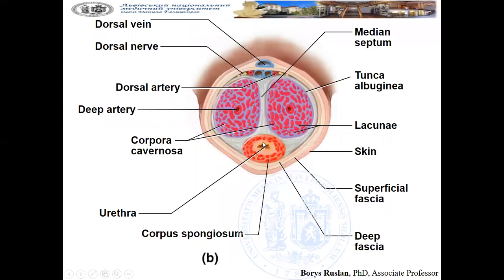So this one is the internal structure of the penis. You can see the corpus cavernosum around the deep artery, right? And this one, corpus cavernosum, corpus spongiosum, vessels. The corpus cavernosum becomes bigger and bigger when the blood goes into this body, into the body.